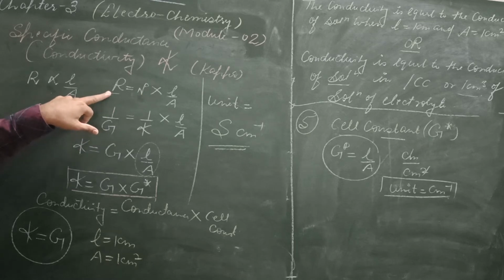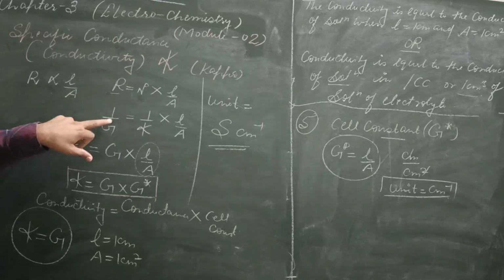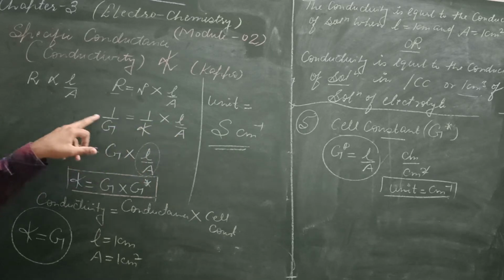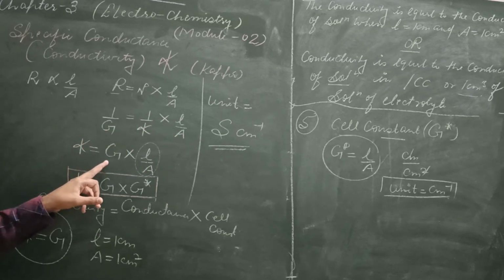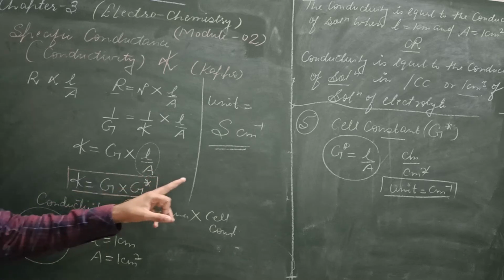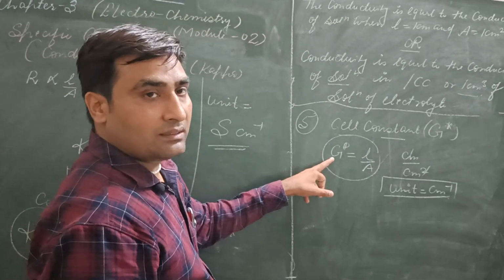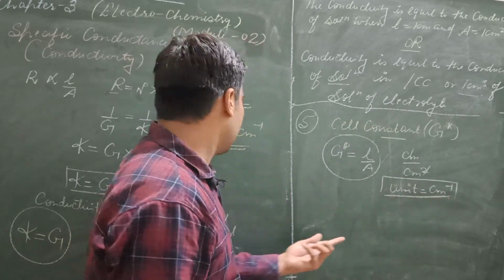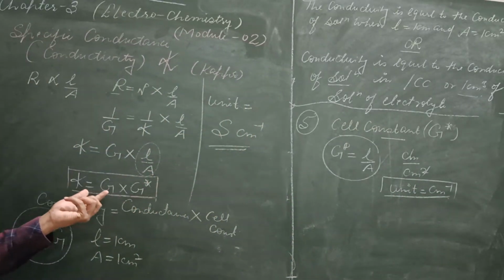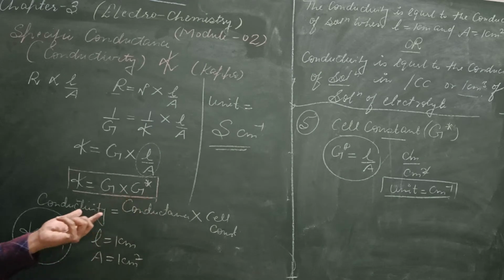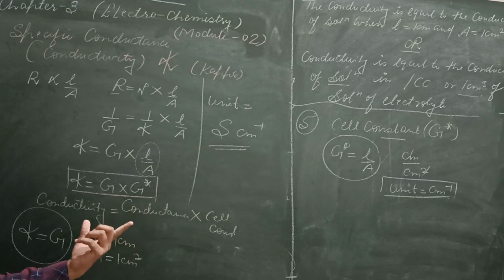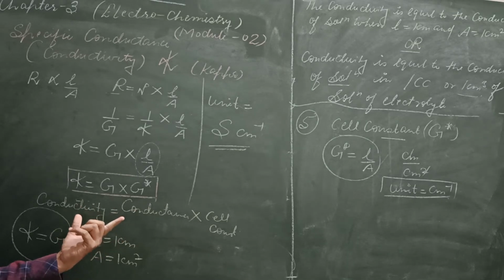The reciprocal of R equals G, and the reciprocal of rho is kappa, into L by A. By cross multiplying we get kappa equals G into L by A. L by A is shown by G star, that is the cell constant, whose unit is centimeter inverse, and we find that kappa equals G into G star. It means conductivity equals conductance into cell constant. This particular formula is very important for numerical aspects.